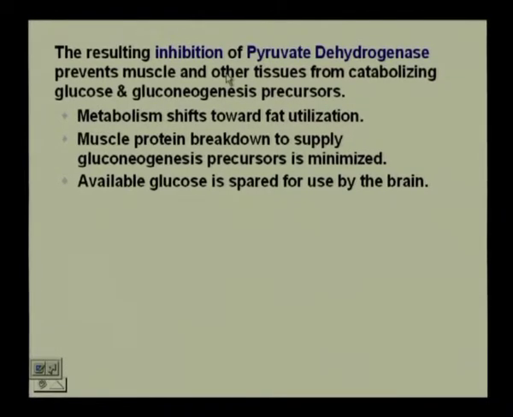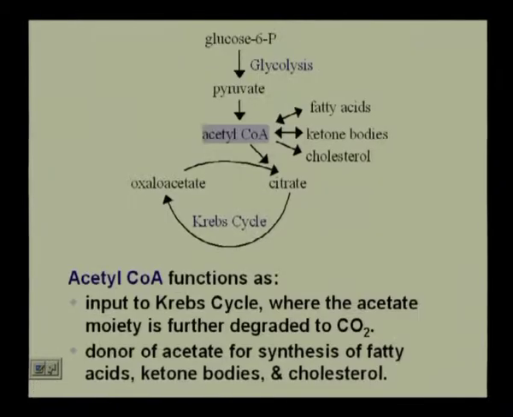Now, the resulting inhibition of the pyruvate dehydrogenase prevents muscles and other tissues from catabolizing glucose and gluconeogenesis precursors. So, basically it's just a regulation of the whole system. This product inhibition, you have to recognize, is a regulation of the whole enzymatic procedure.